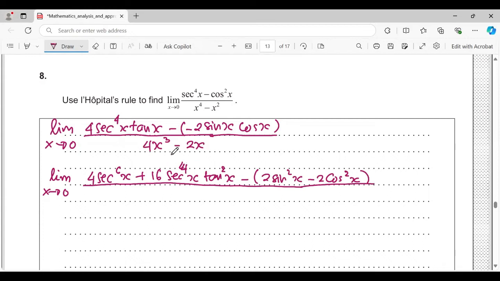And the derivative of the denominator, 4 times 3, 12x squared minus 2.